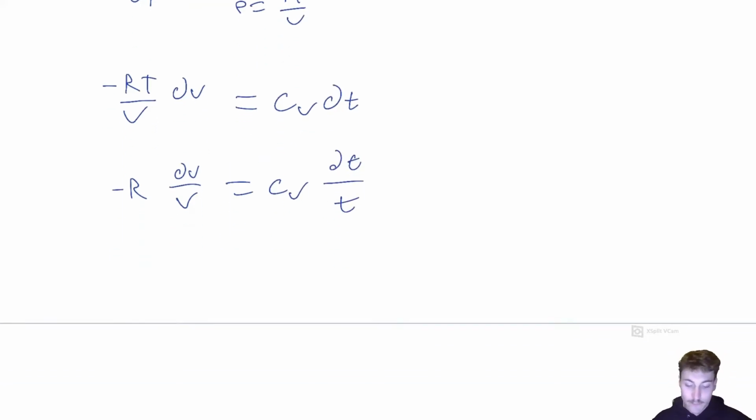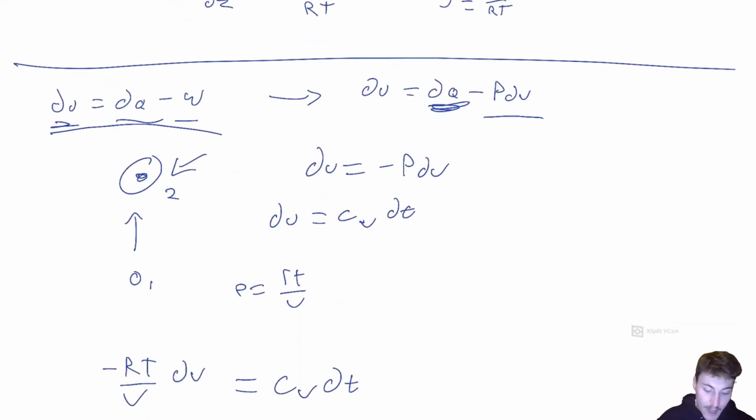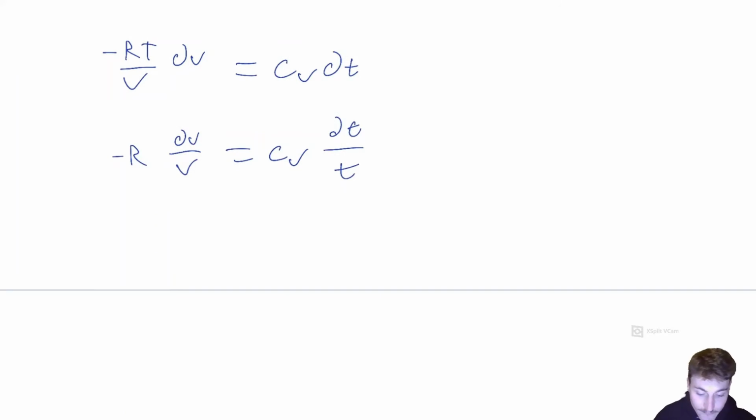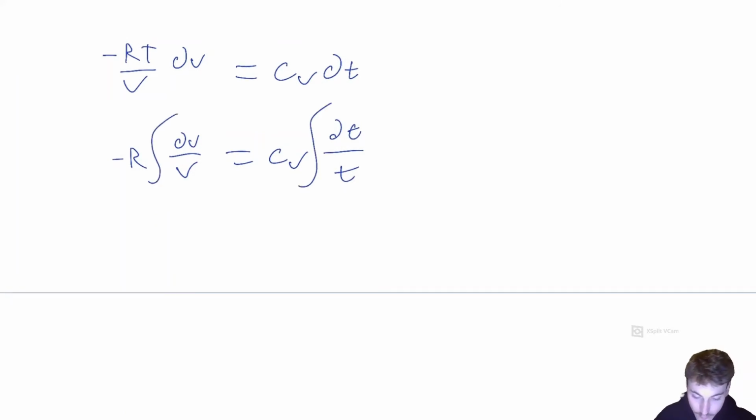So now, if we integrate this, we'll just get the natural logs, but what we're worried about is the limits of integration on these. We're doing it from one temperature to the other, so the temperature at 1 and the temperature at 2. So we do it from T1 to T2, volume 1 to volume 2.